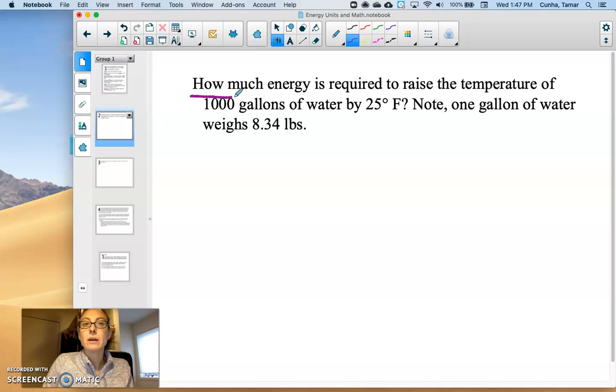If this asks how much energy, the first thing that should come to your mind is that this is asking for how many BTUs. So you want to set up an equation that would give you a number of BTUs, and see if you can set that up. Pause the video and see what you get.